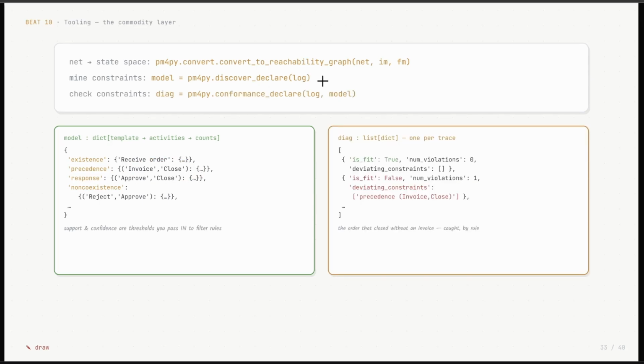And then you have the last one, which is conformance declare. We have already discussed this in another video. The idea here is you take your log and your model and you compare them. It is fit if you have a fitness score of 1, you have the number of violations, deviating constraints. So in a way, you're building your conformance between your log and your model.